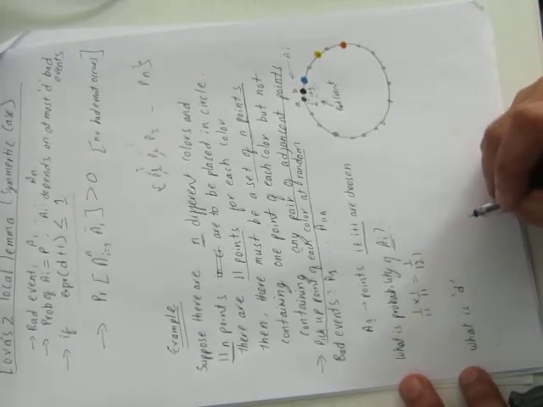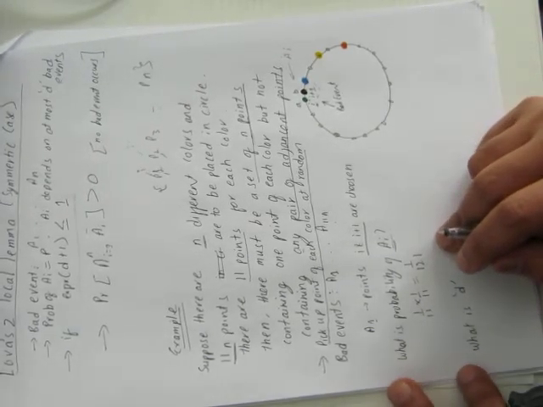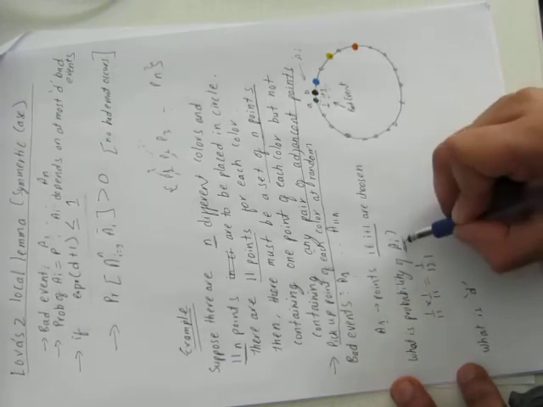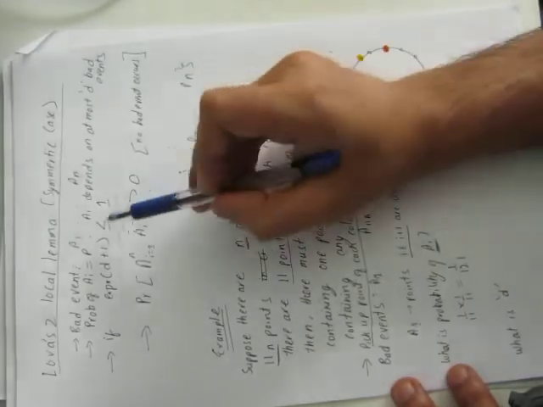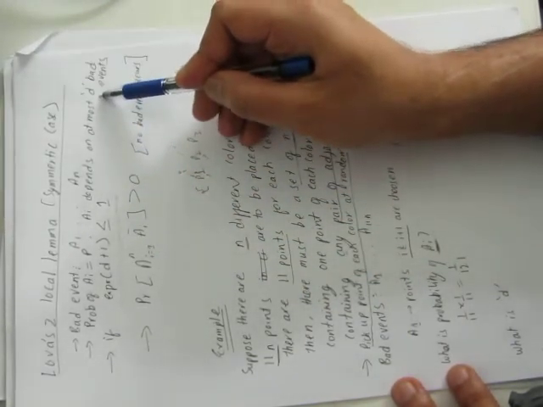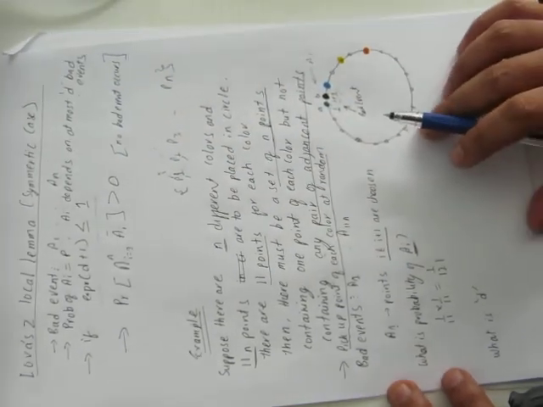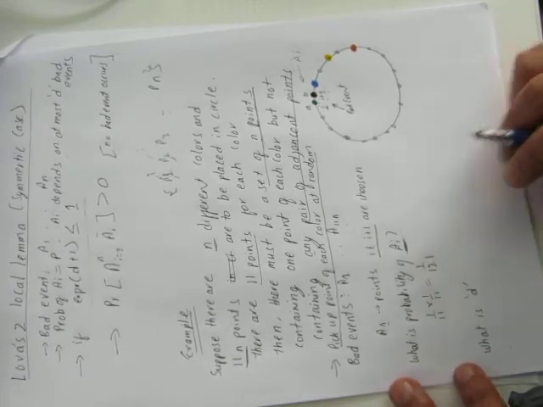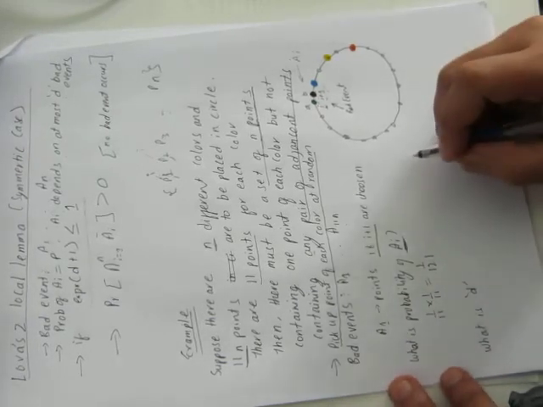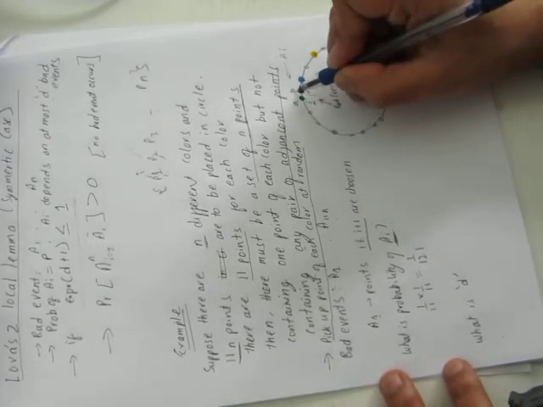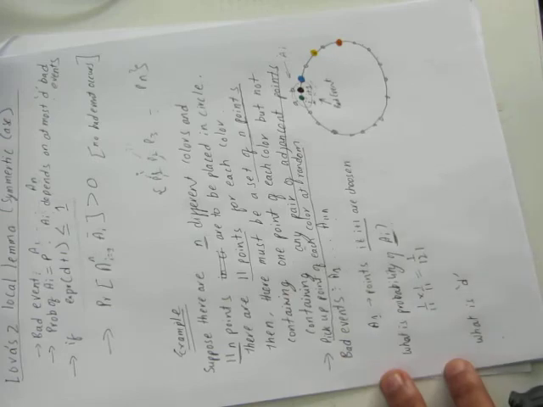Now what is d? d is how many bad events Ai depends on. There is a definition of d: Ai depends on at most d bad events. So we have to find d, and if you see this point, how many such bad events are there?